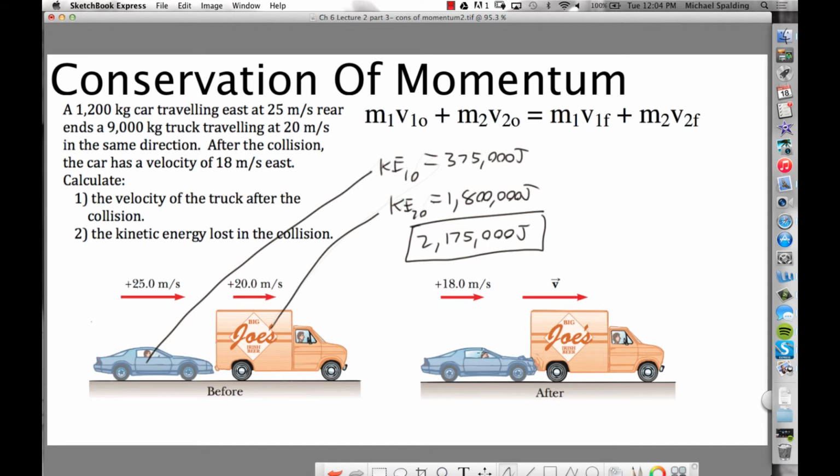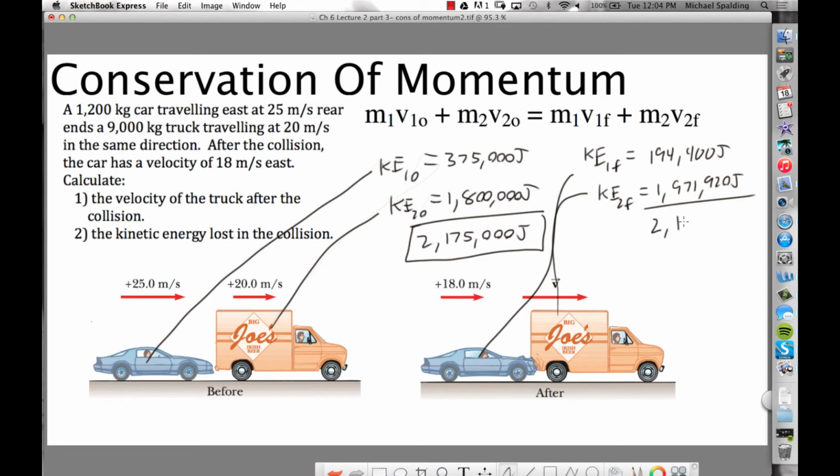Now, do the same thing for after the collision. After the collision, we're going to go kinetic 1 final. So the car has 194,400 joules. The truck, kinetic 2 final, is 1,971,920. You add those together, and you get 2,166,320 joules.